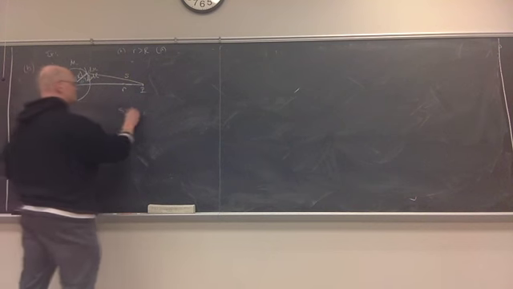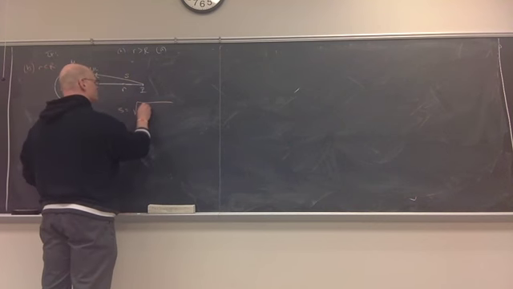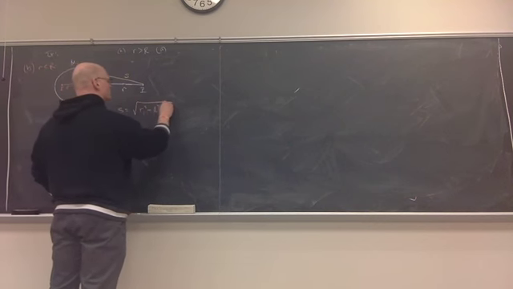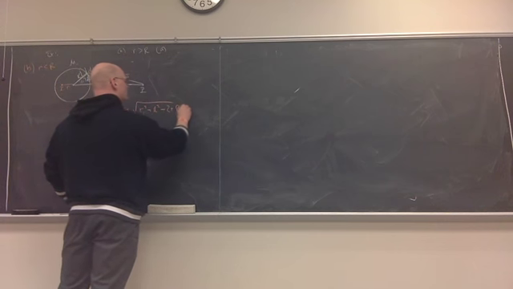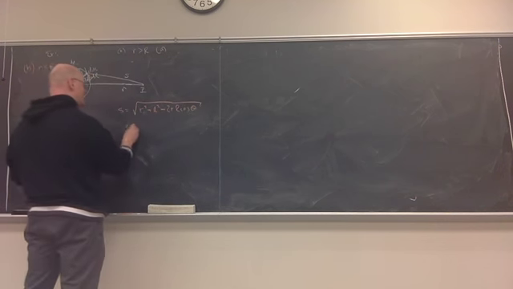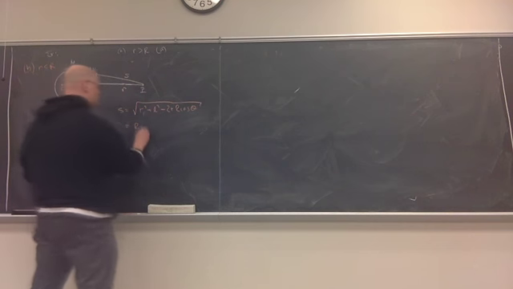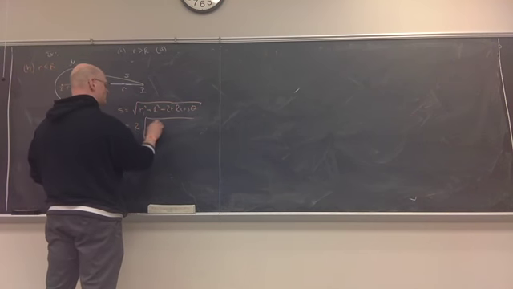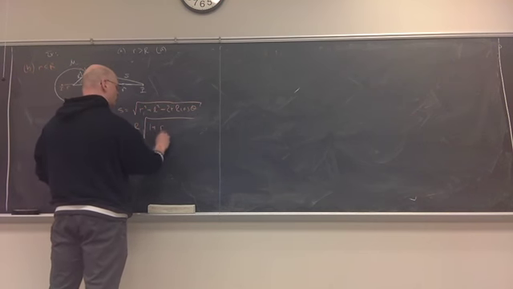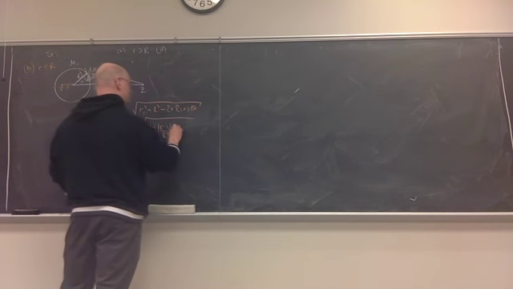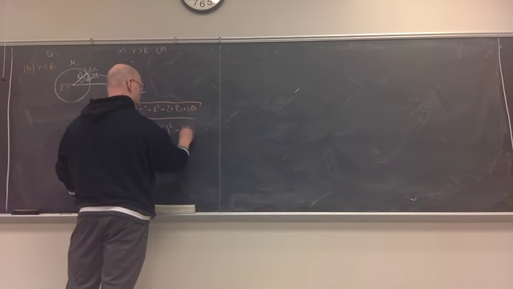So remember, S was equal to the square root of little r squared plus big R squared minus 2 little r big R cosine of the angle. In this case, I'm going to factor out a big R squared. So I'm going to get a big R times the square root of 1 plus little r over big R quantity squared minus 2 little r over big R cosine of theta.